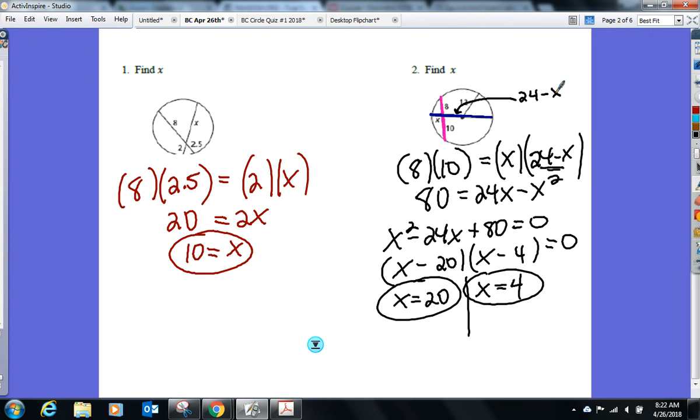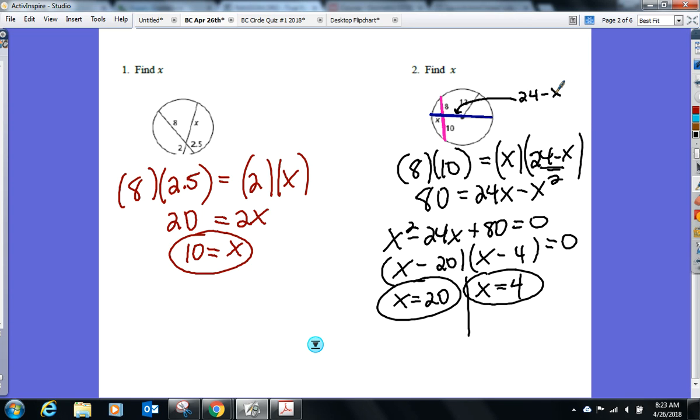Okay, ready? Here's what I think Matt's getting to. How long is the radius? The radius is 12, right? So if I called that piece 4, that doesn't make any sense. Does everyone see it? If I call this piece 20, this piece would be 4. Is that even humanly possible for that piece to be 4 when the radius is already 12?